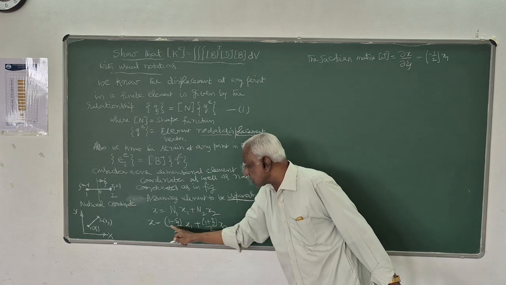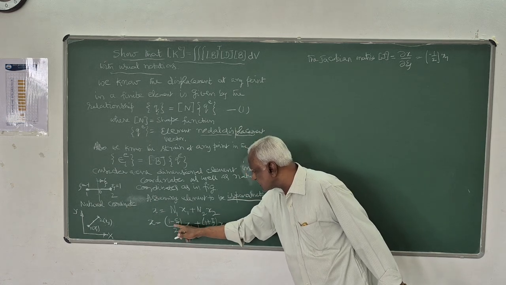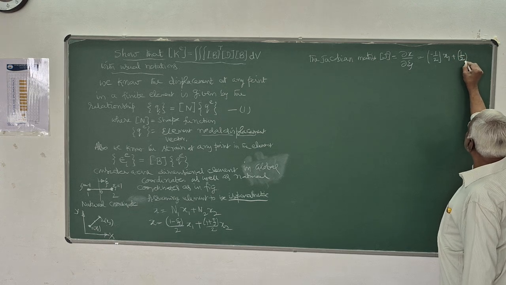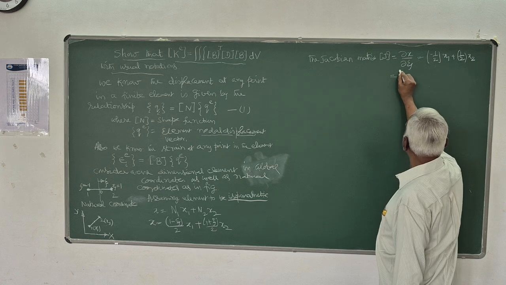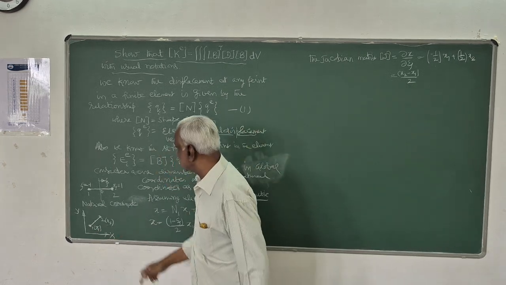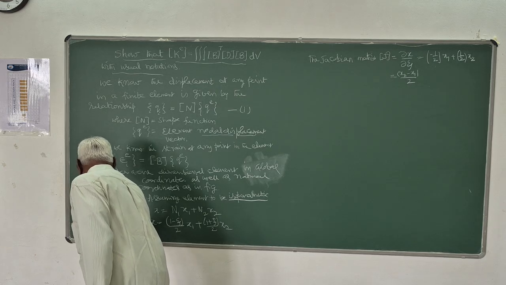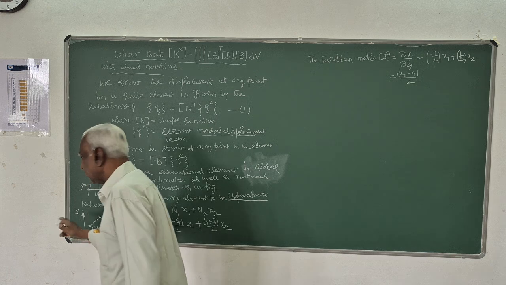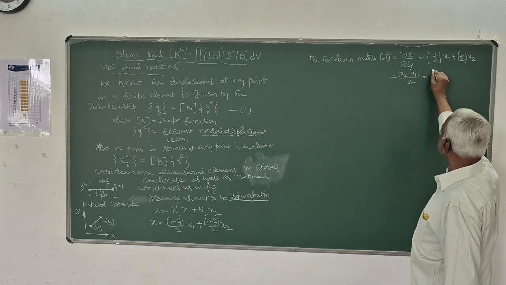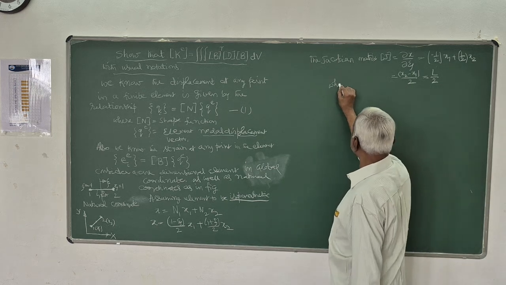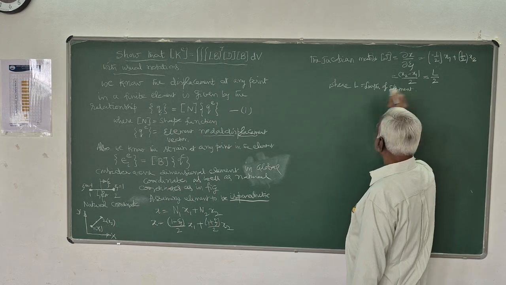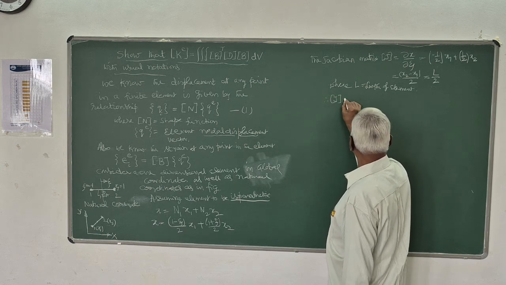If you differentiate this with respect to psi, you get minus half into x1 plus half into x2, that is (x2 minus x1)/2, which is nothing but the length of the element divided by 2, where L is the length of the element. Therefore the Jacobian will be L by 2.